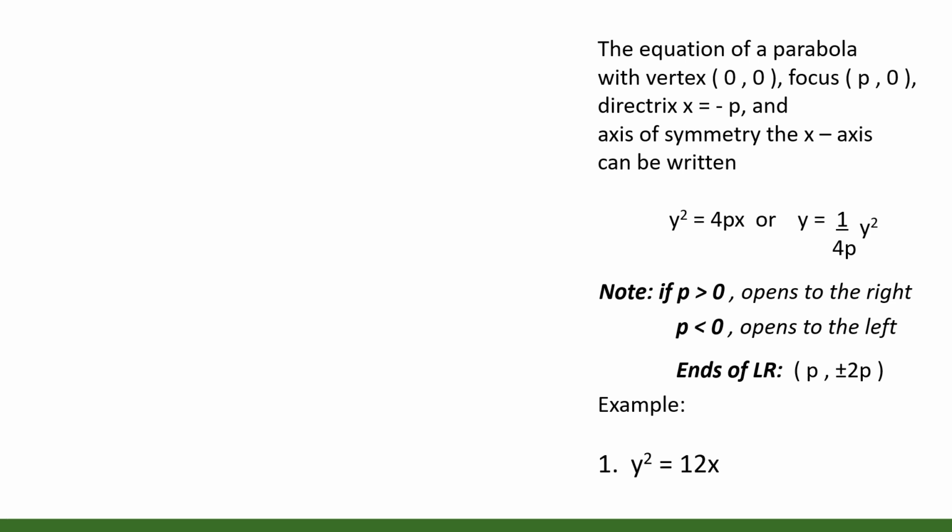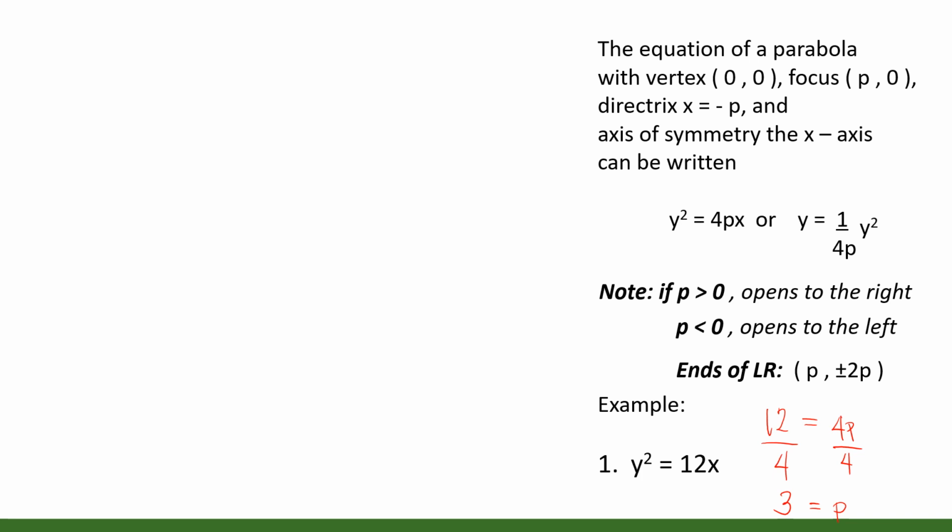Example, y squared equals 12x. Meaning, the value of p in this equation is what? 12 equals 4p, so divide your equation by 4. 3 is equal to p. Meaning, the value of p is 3.